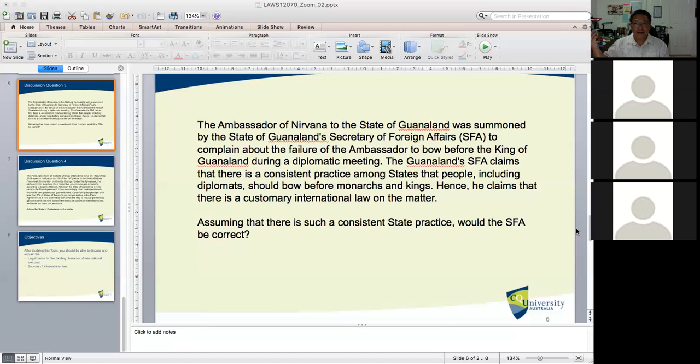Actually, the point one is, would those states that failed to follow customary international law not have been in breach of a norm of customary international law? That is the basic question. Okay? So the answer is likely they would have been in breach.